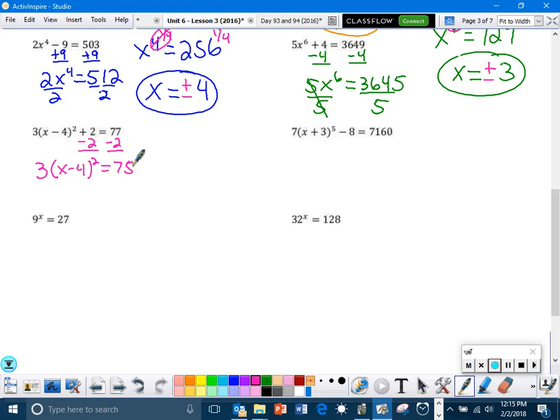Do not distribute. The exponent of 2 is preventing that 3 from getting inside the parentheses. So we do not distribute. We have to get rid of the 3 by dividing both sides. All right, so now we have (x minus 4) squared equals 25.